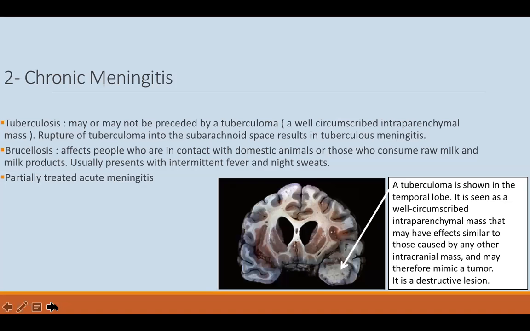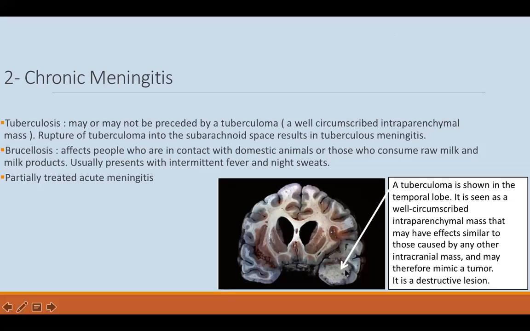Okay, let's come to chronic meningitis. Chronic meningitis, as I said before, is mainly caused by tuberculosis or brucellosis. Tuberculosis, I think you guys have taken tuberculosis more than once, but yes, it can also cause meningitis.